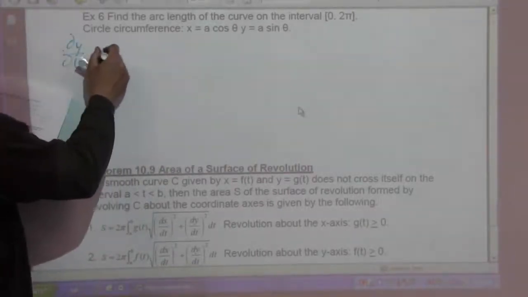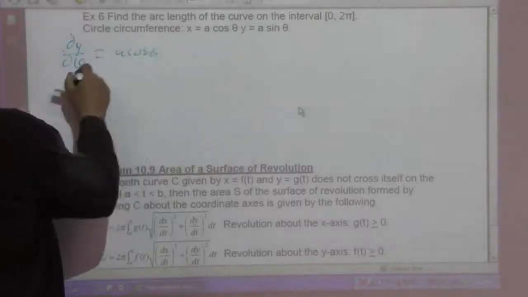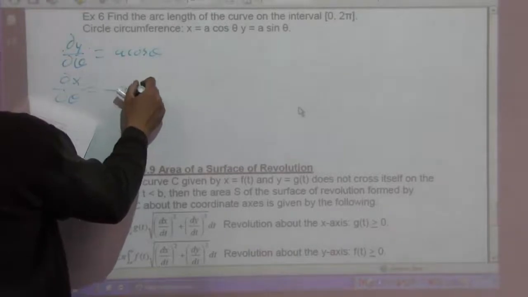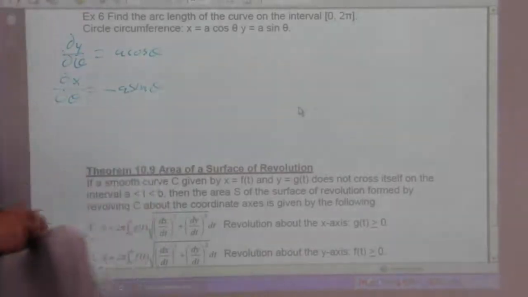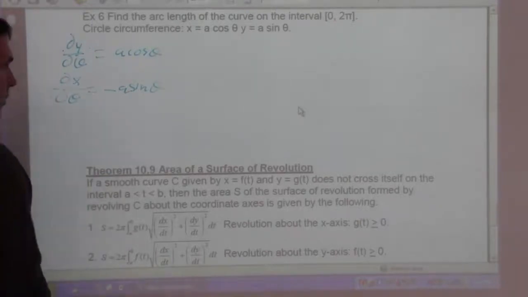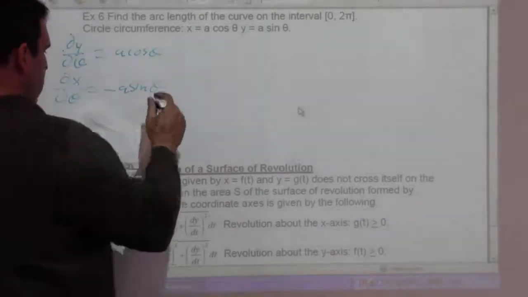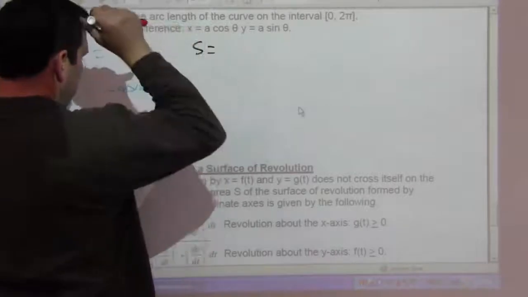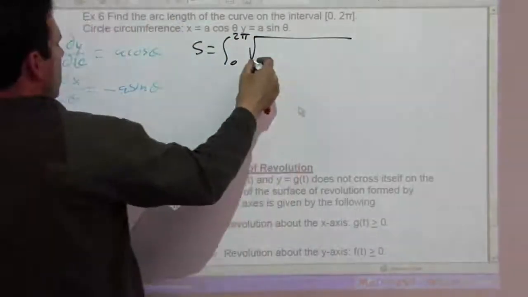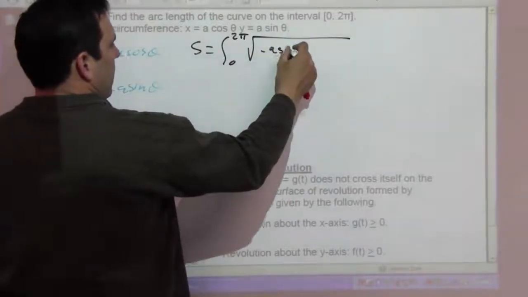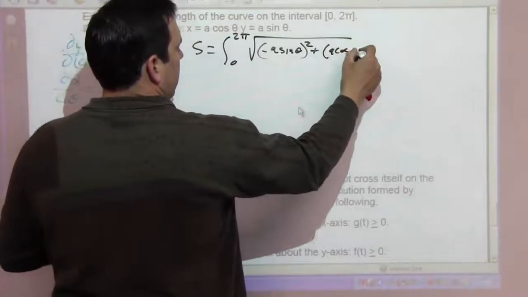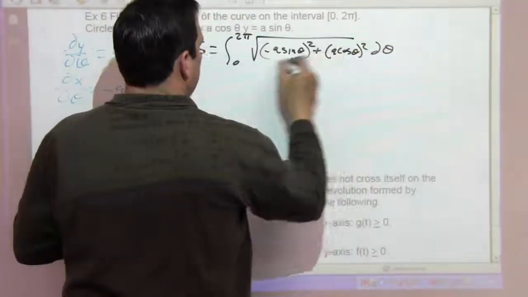dy d theta is a cosine theta, and dx d theta is going to be negative a sine theta. So S would be equal to the integral from 0 to 2 pi of the square root of negative a sine theta squared plus a cosine theta squared d theta.